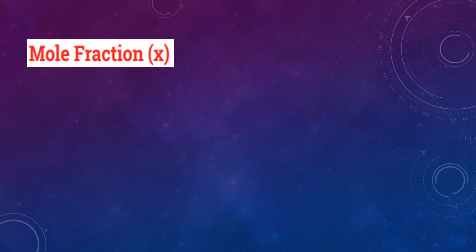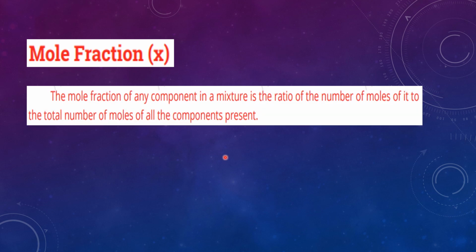What is the mole fraction? The mole fraction of any component in a mixture is the ratio of the number of moles of that component to the total number of moles of all the components present.